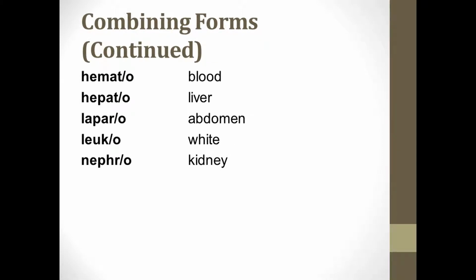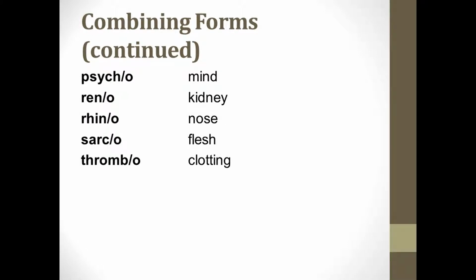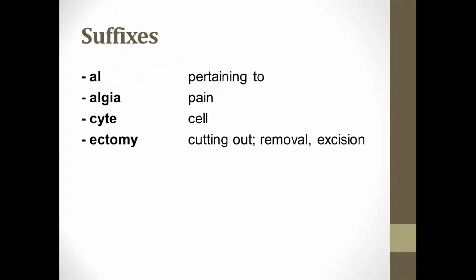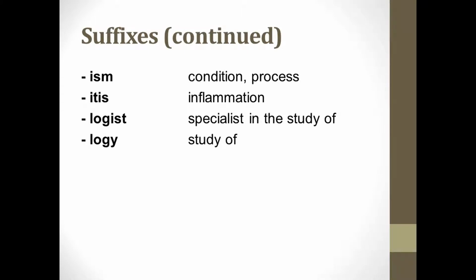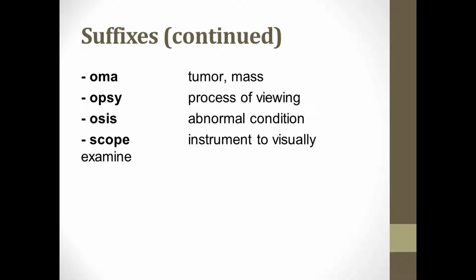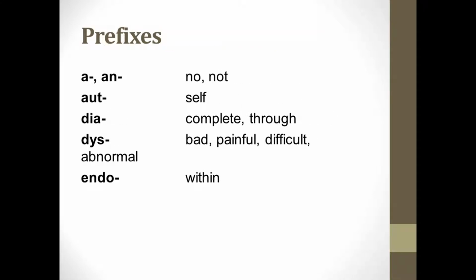Be sure to familiarize yourself with these combining forms and their meanings, as well as the meanings that are matched with the appropriate suffixes and prefixes. And there are a few suffixes that contain the same definition, so please make note of that. For example, AL means pertaining to, as well as several other forms of suffixes.